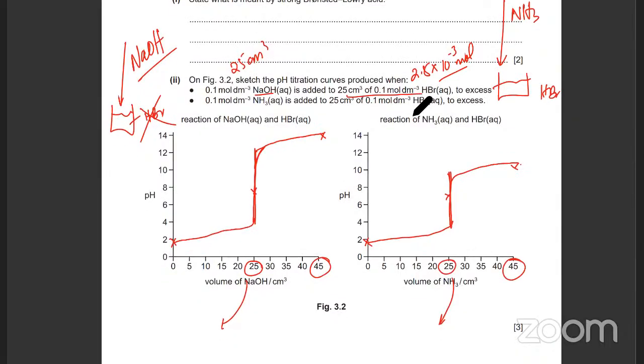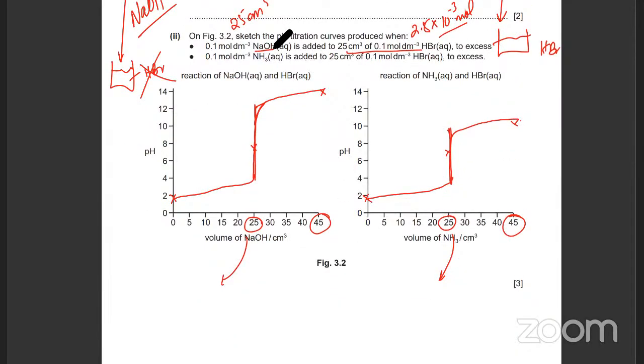In this case, we didn't write the equation, but you should know that sometimes it's not 1:1. Like if you had, let's say, H2SO4 as the acid, then you would have to do a bit more calculations to figure out the equivalence point. Let's say I had a question that it was 25 cm cube, 0.1 mole per dm cube H2SO4, and they were adding 0.1 mole per dm cube NaOH.